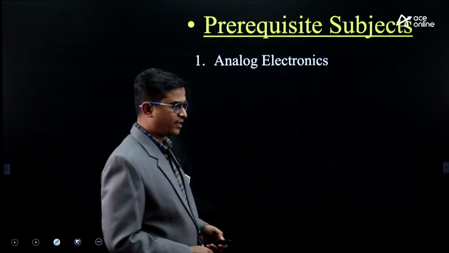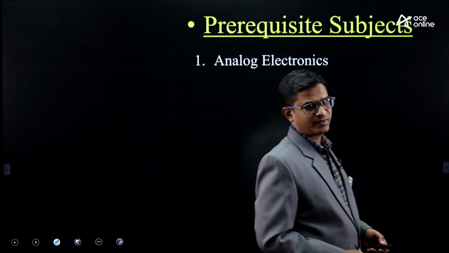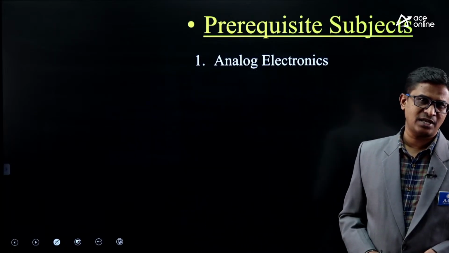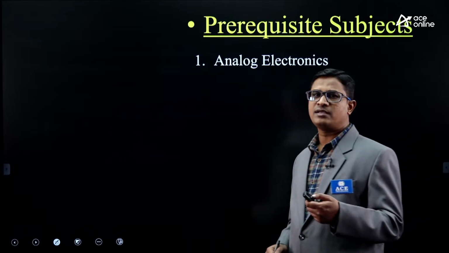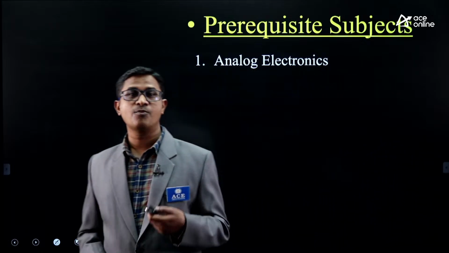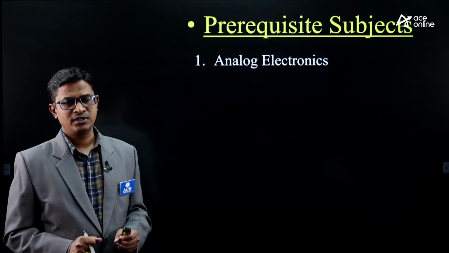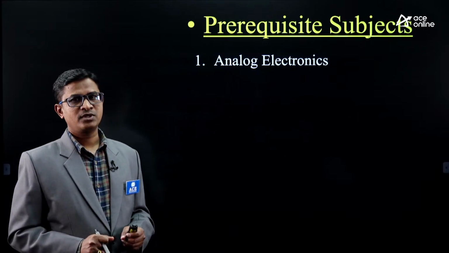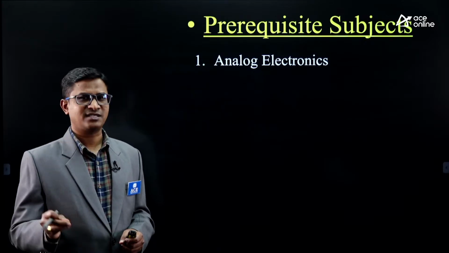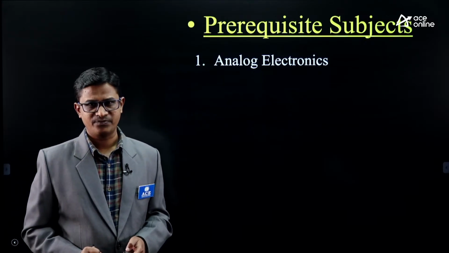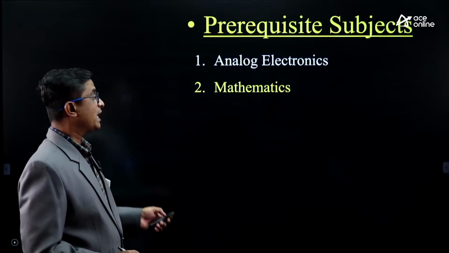From analog electronics, you require basic concepts like what is p-type material, n-type material, heavily doped, moderately doped, lightly doped, the operation of a p-n junction diode, PNP and NPN transistors, etc. Some basics only.